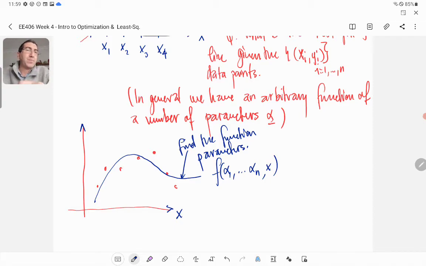Okay? So you are trying to find the alpha parameters, but you know the structure of f. Okay? In fact, a side note, if you don't know what the structure of f is, then instead of an optimization problem, it becomes an optimal control problem. That means find the function rather than find the values of the parameters. Okay?